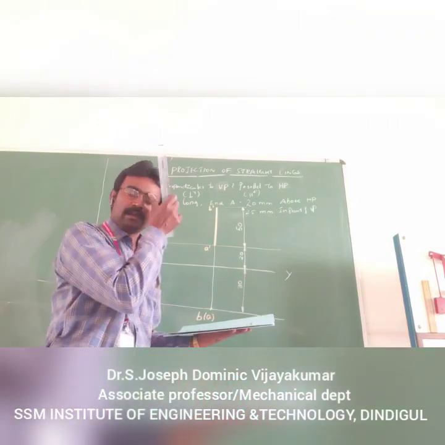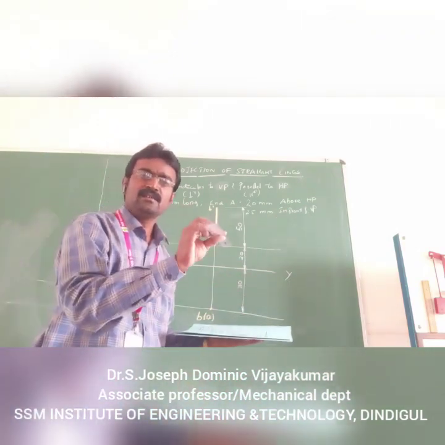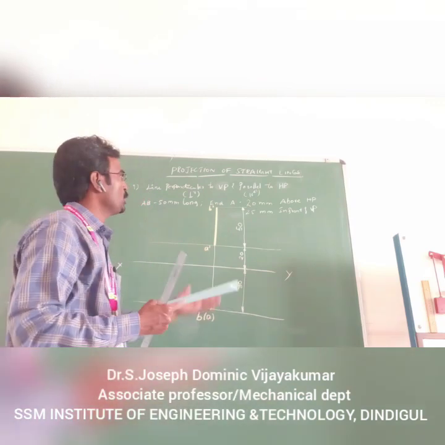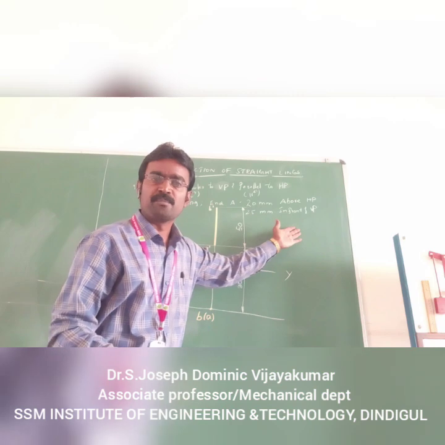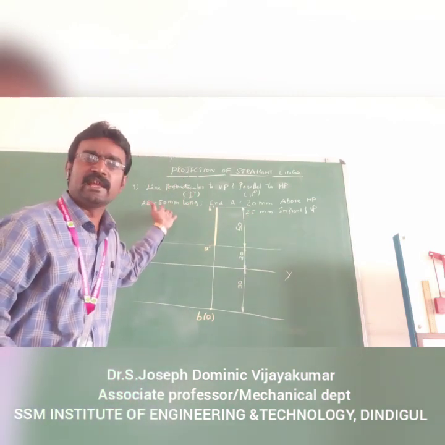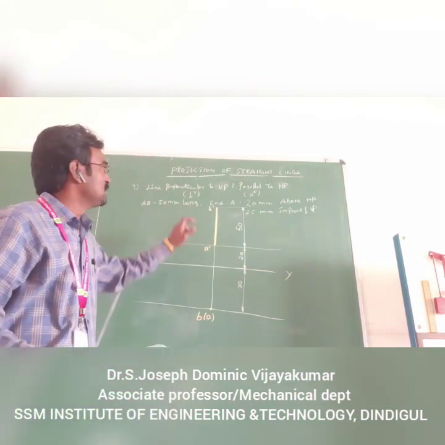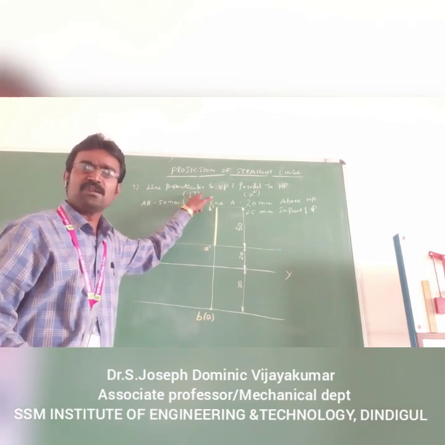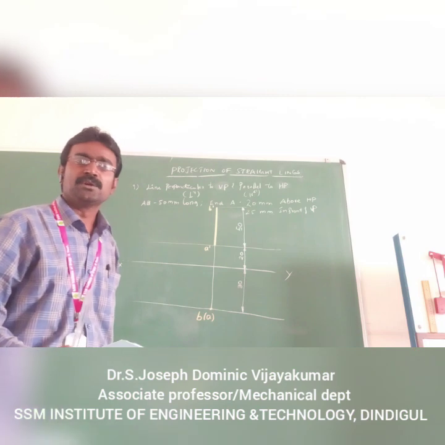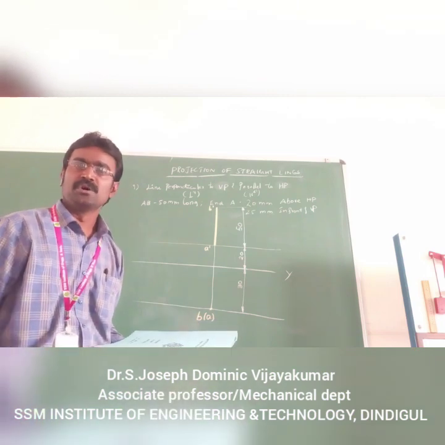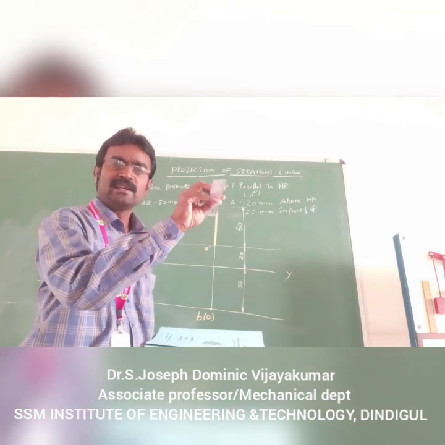We have a line, the same problem, 20 mm above HP, 25 mm in front of VP, the line AB is 50 mm, but the condition is the line perpendicular to VP and parallel to HP. So we have the line.